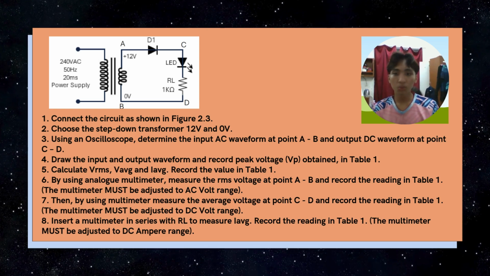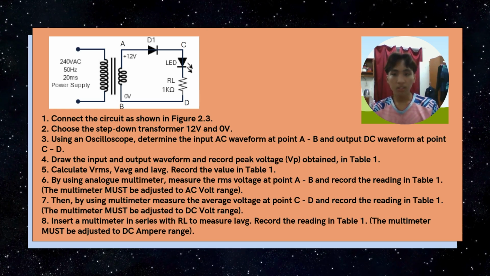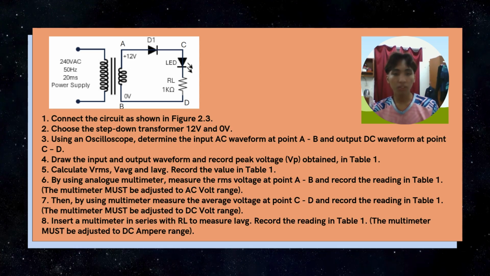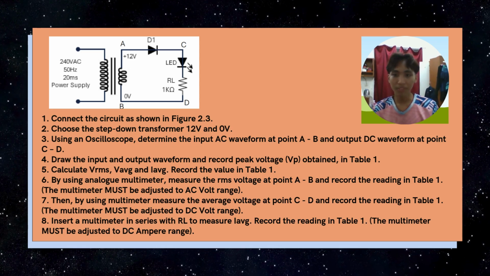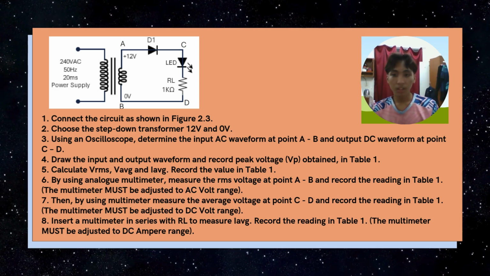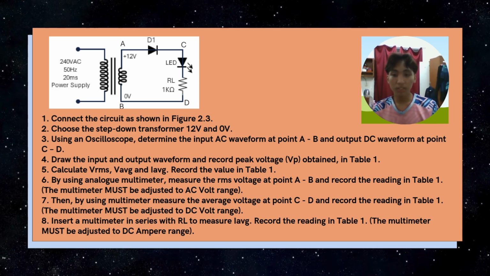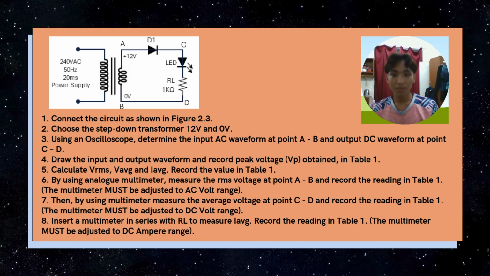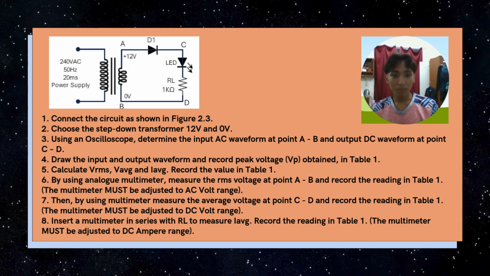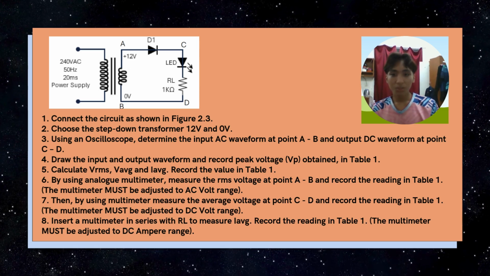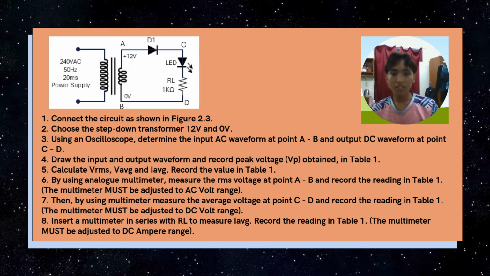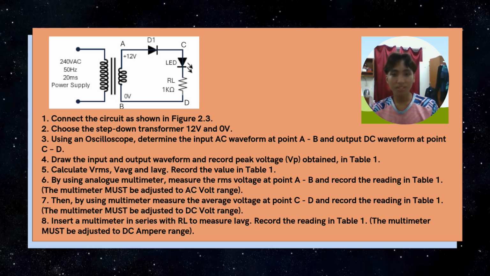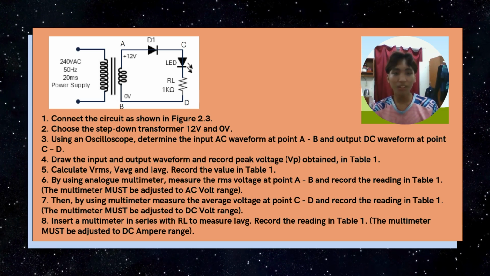Don't forget to adjust the multimeter to AC volt range. Next, using a multimeter measurement, you can measure the average voltage at point C to D and record the reading in table 1.